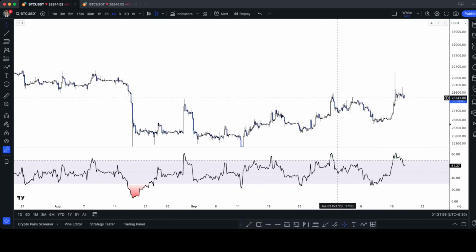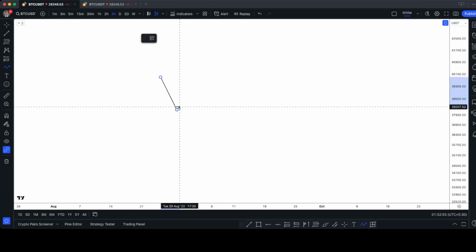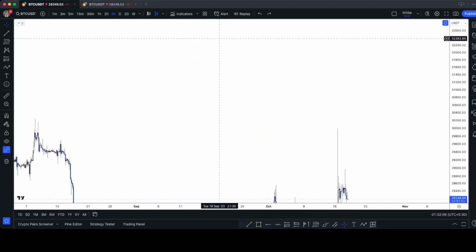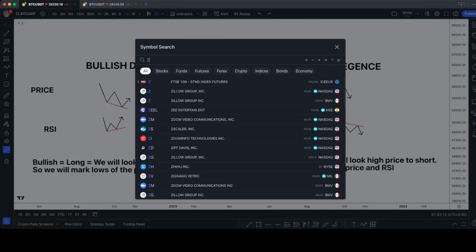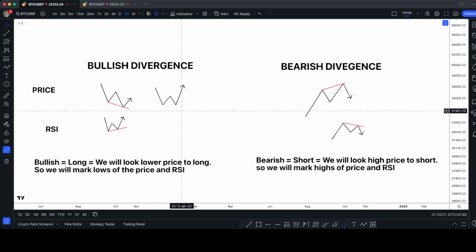But also I want to tell you about the weak and strong part. Now let me just go back. I can show you there. So this is the divergence, and even if you see something like this, let's say you see some double top, double bottom on the price.